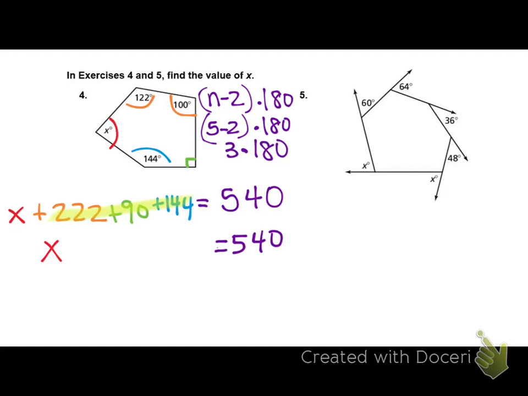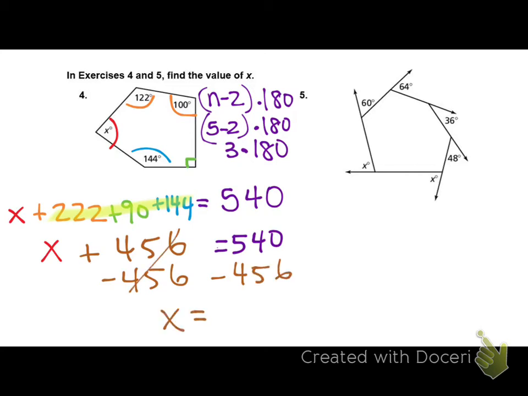Pre-blessed. There you go. What's 222 plus 90 plus 144? 456. So subtract that 456 from 540, and x equals 84. Beautiful. That's for the first.